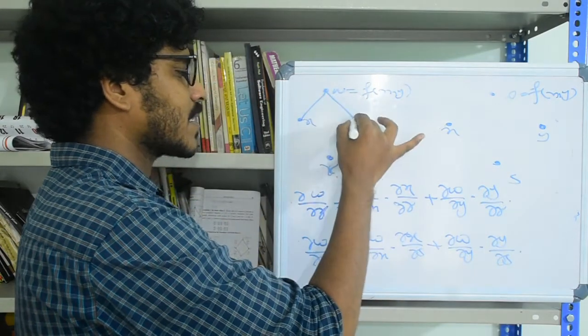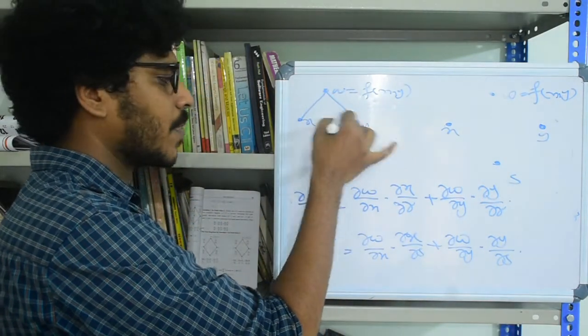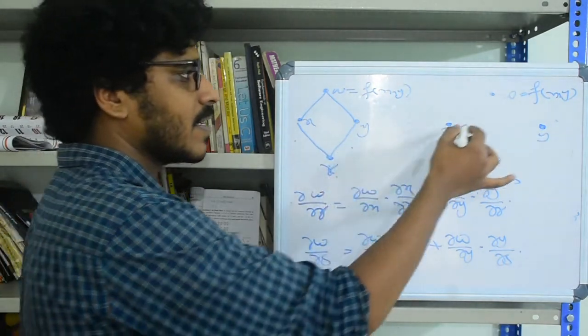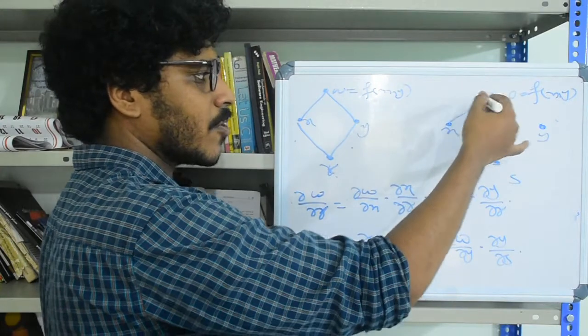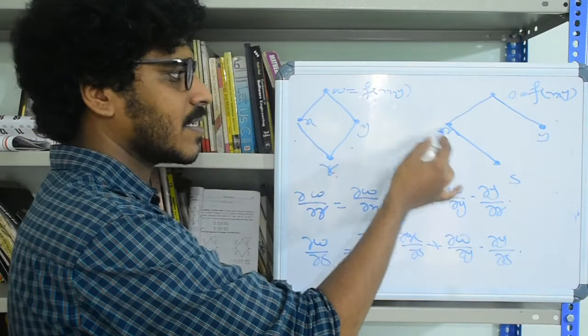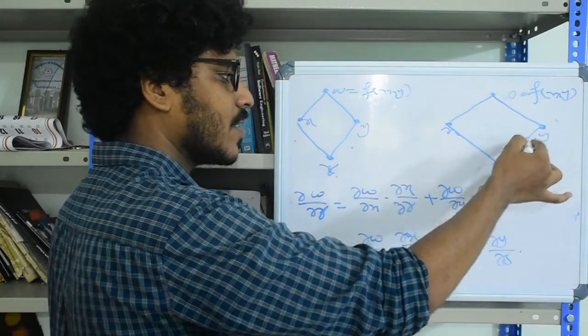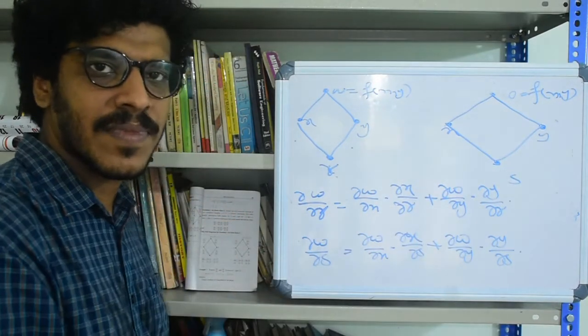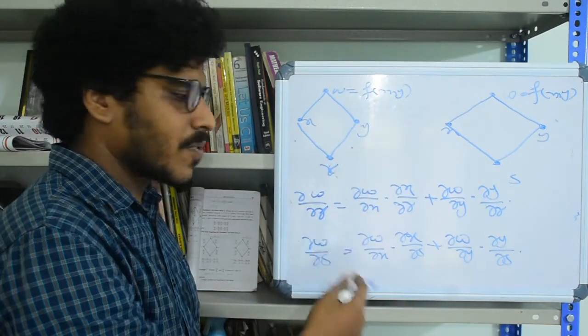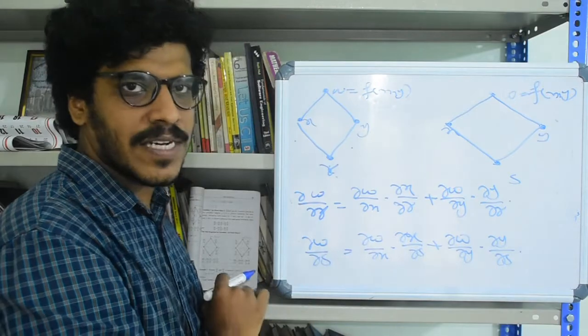So this may be connected using dou w by dou x and dou w by dou y, and this will be connected using dou x by dou r and dou y by dou r. Similarly, dou w by dou x, dou w by dou y, and these may be connected with partial derivatives dou x by dou s and dou y by dou s. Right. So this is how we make the tree diagram corresponding to this particular case of chain rule.